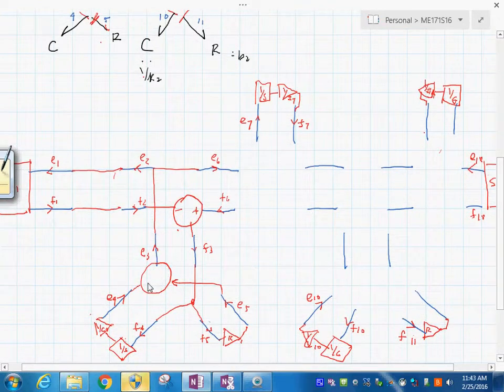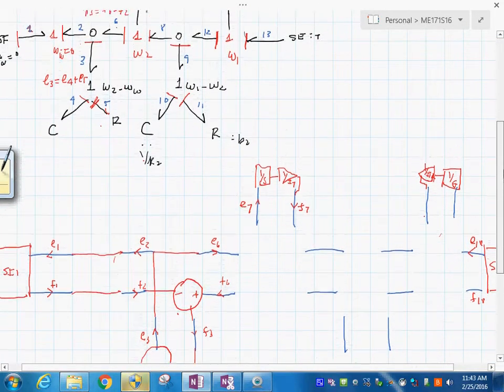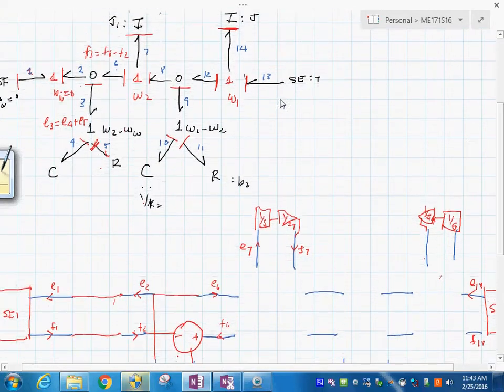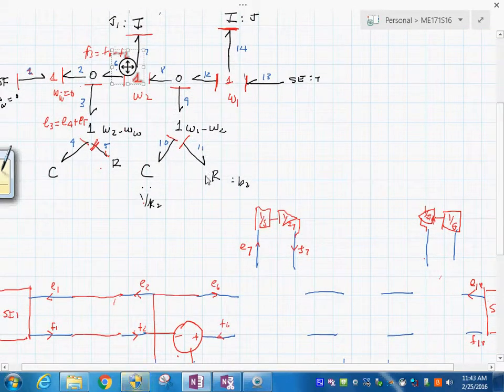So in here we have that E sub 8 minus E sub 6 is equal to E sub 7. And we have precisely E7 as the output. So E sub 8 is a plus, and then E sub 6 is a minus, right here. And we are done with that.